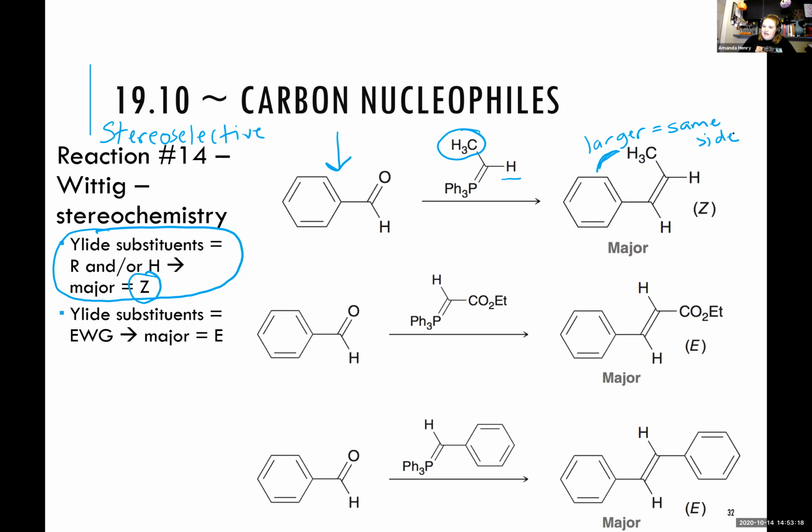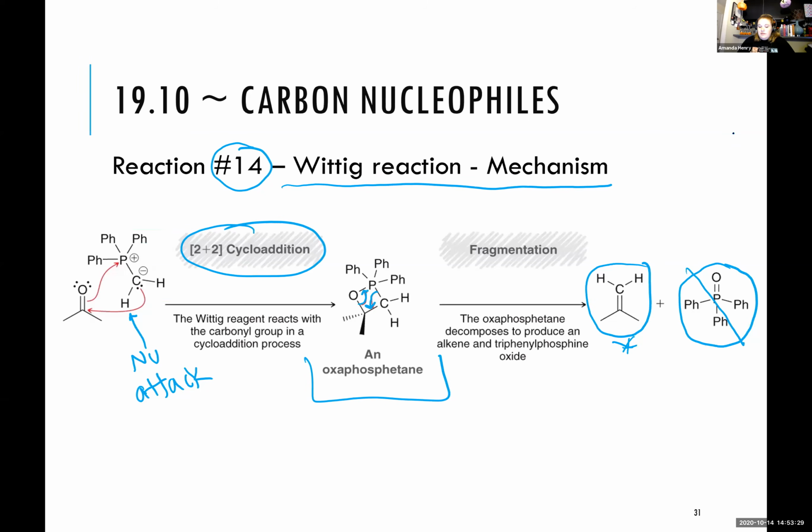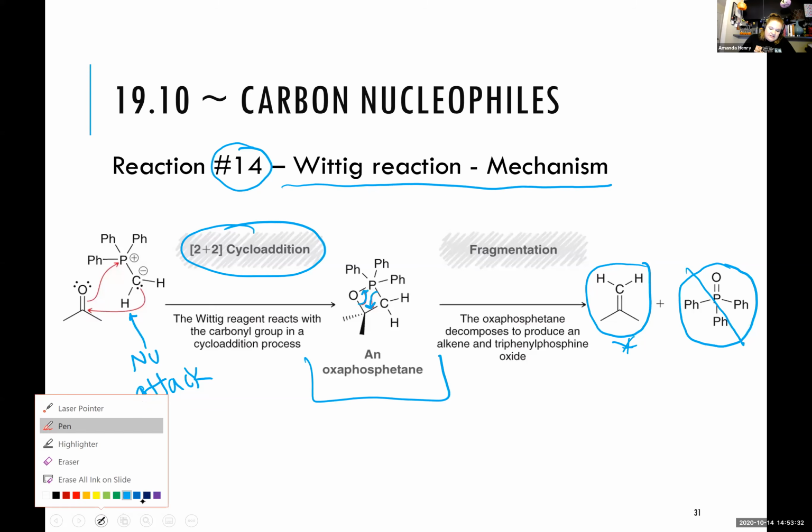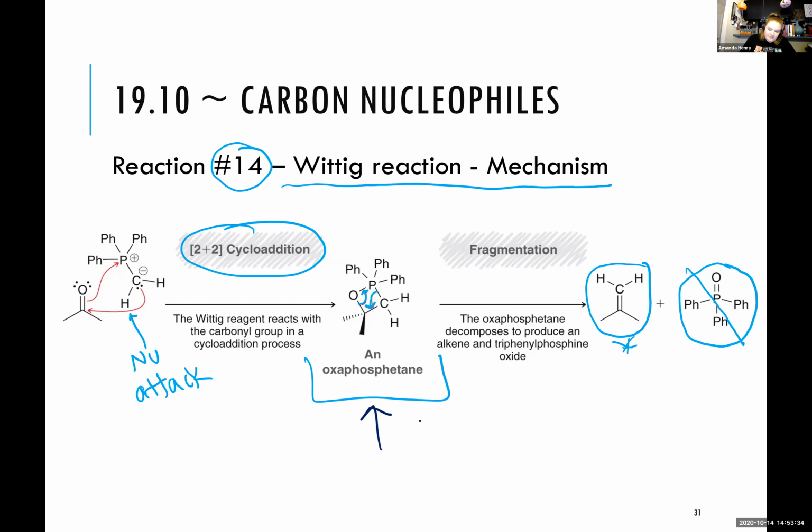This does have to do with sterics, but this kind of seems like it's going against the steric rules that we normally know. We normally want big things to be apart. I'm going to go back a slide. The reason it has to do with sterics is in this step right here, the 2 carbons are both tetrahedral at this point, and the R groups aren't lined up like they would be in an alkene. They're actually opposites from each other. And so at this point, we want the 2 largest R groups to be as far away from each other as possible.